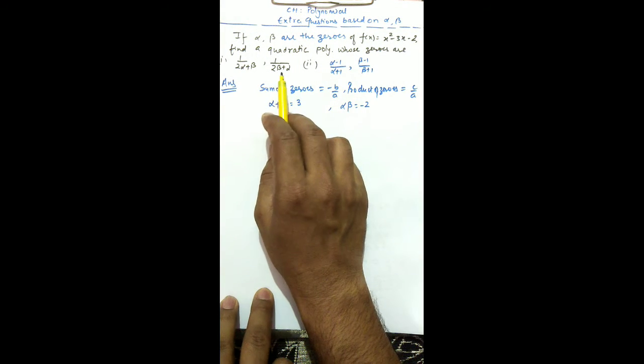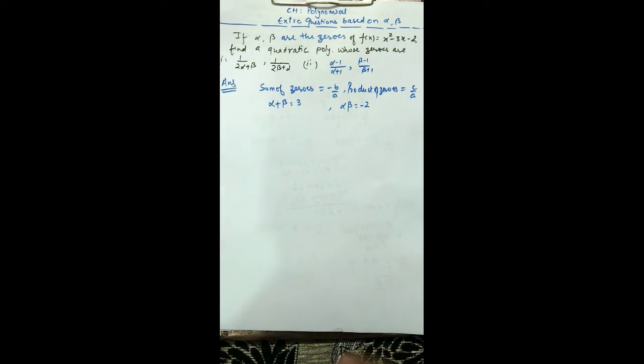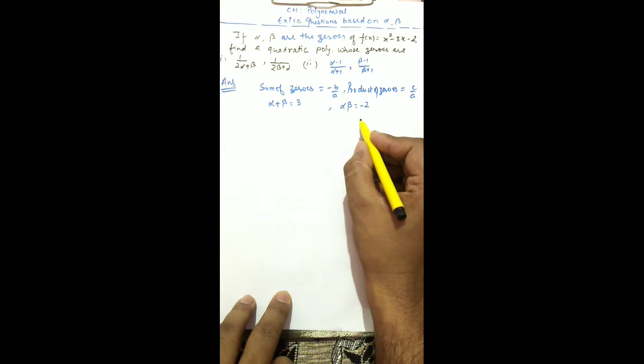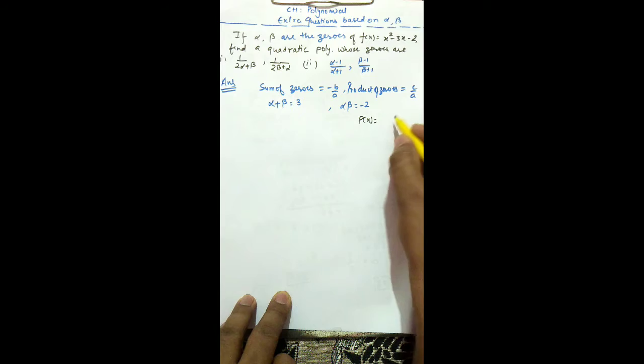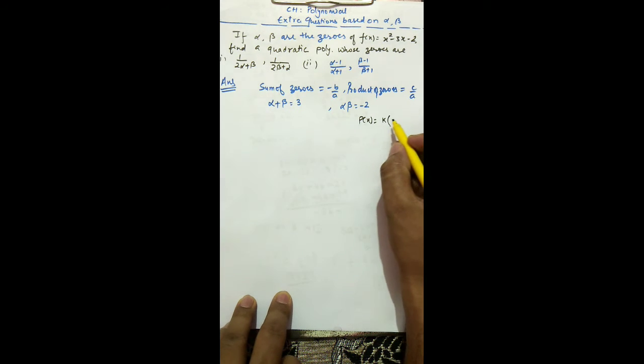Now we are supposed to use these values to find the quadratic polynomial whose zeros are these. You know the general formula for the polynomial is k times x square minus sx plus p. I mentioned k earlier also.